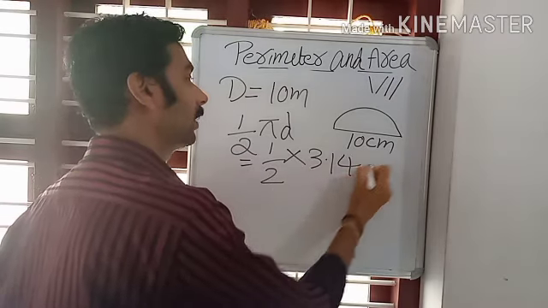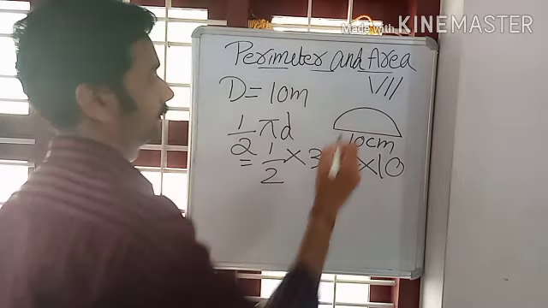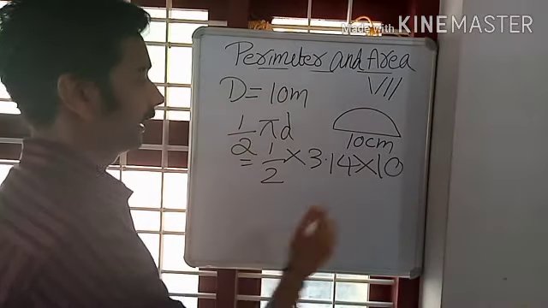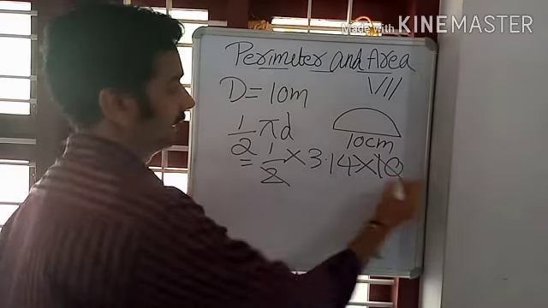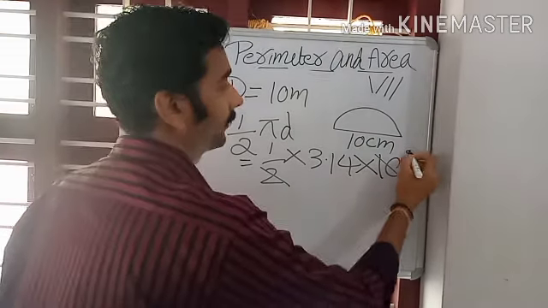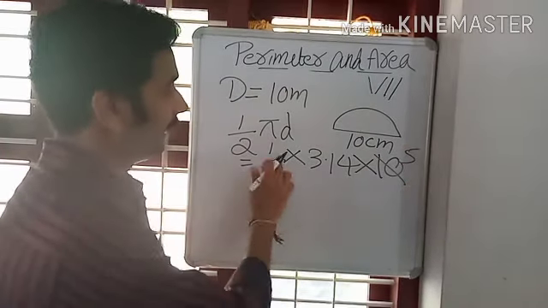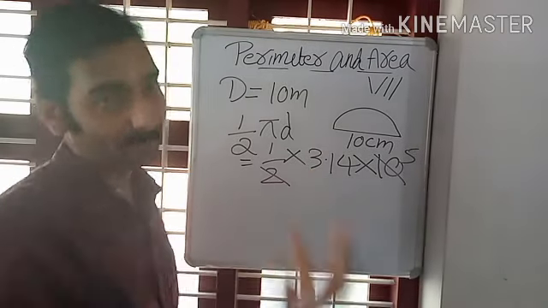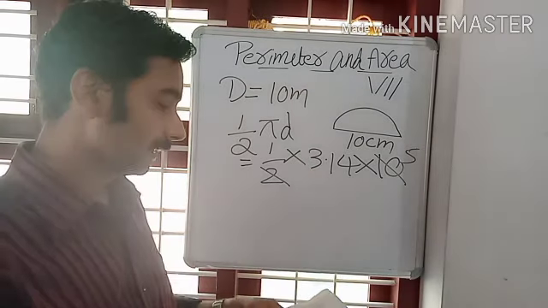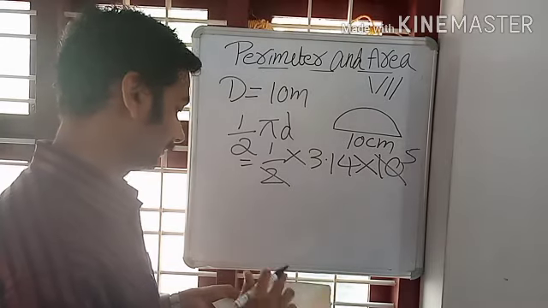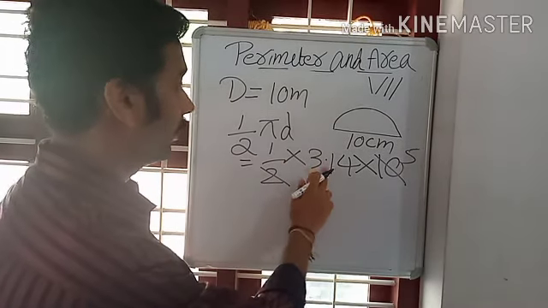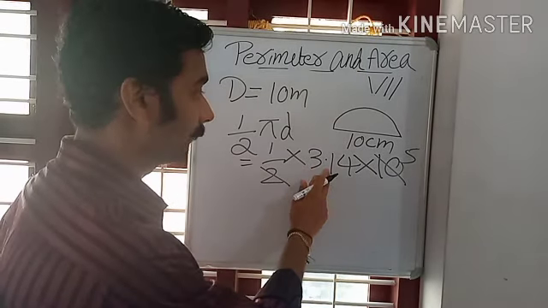Half into 3.14 into 10. Then cancel: 10 upon 2 is 5. 1 into 3.14 into 5.